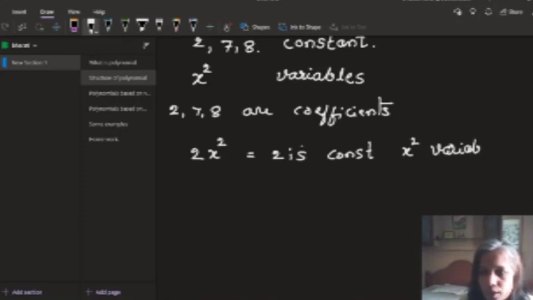My question is, if you consider 2x square as a whole, meaning 2 times x square, can you tell me whether it is a constant or variable, or something different from these two? Yes, your guess is correct. 2x square is variable. Don't have confusion here, because we call 2 a constant.